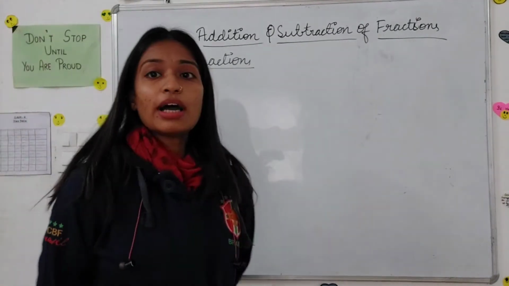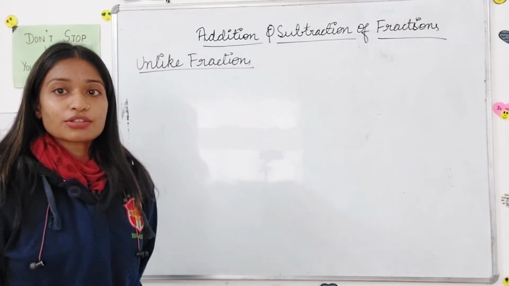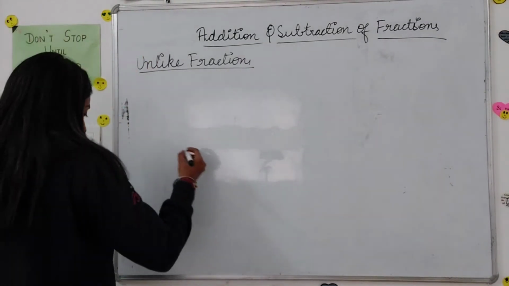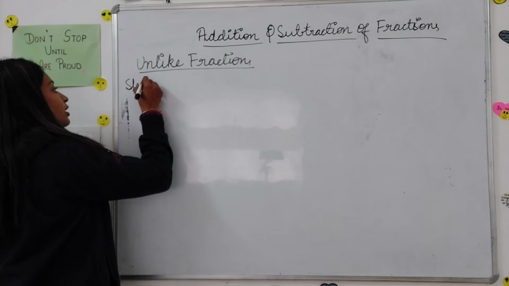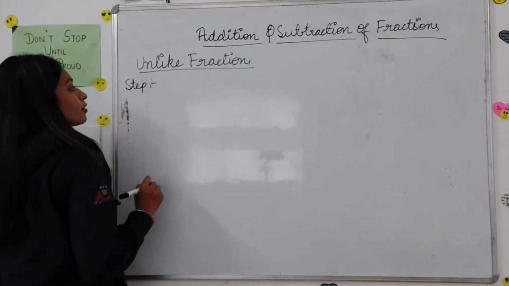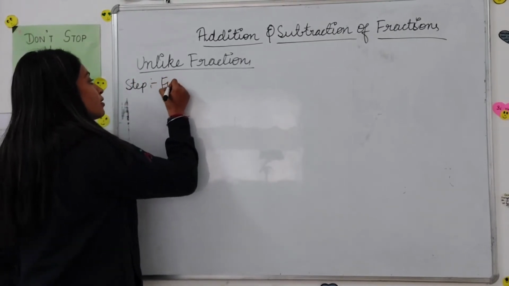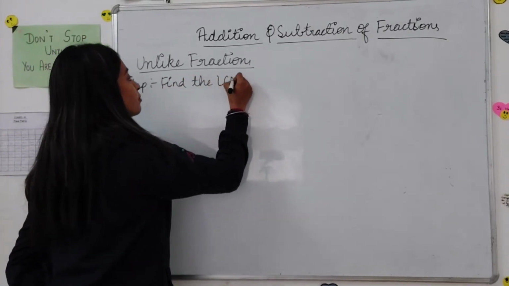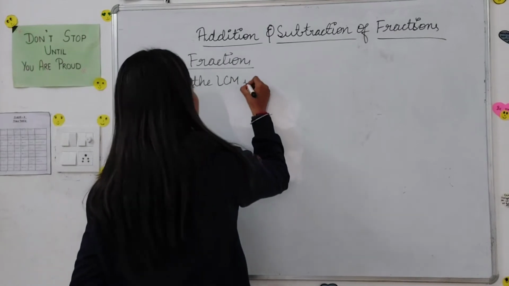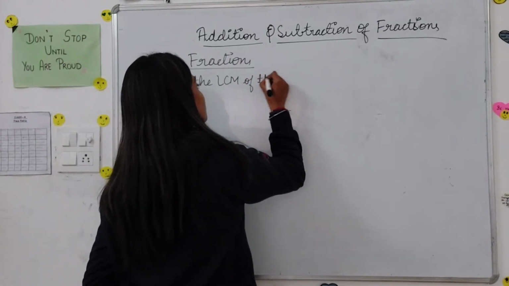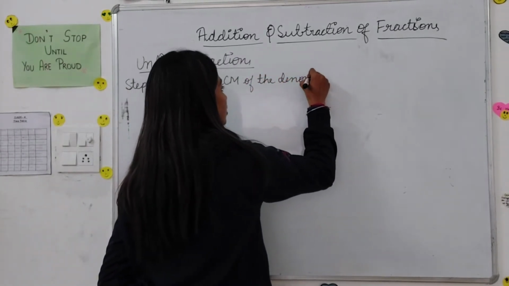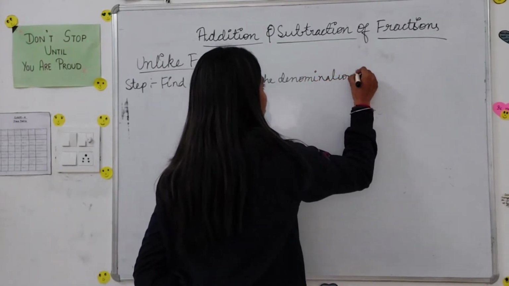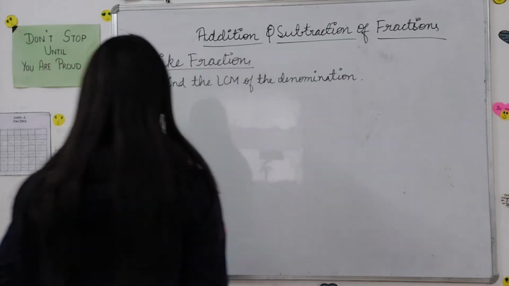Now if we have to add or subtract unlike fractions, what do we do? We follow some steps. Our first step is we have to find the LCM of the denominators, because the denominators are different.